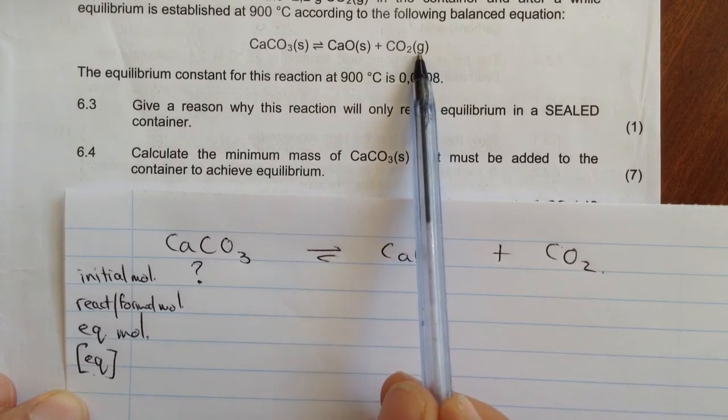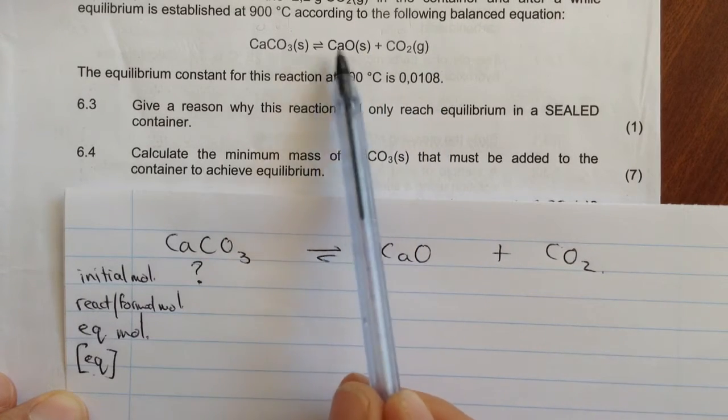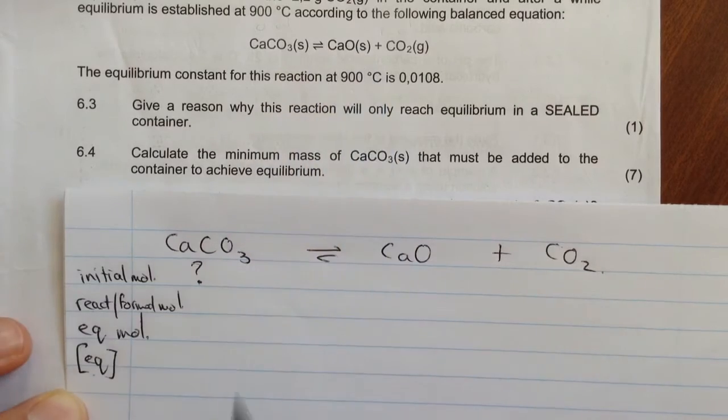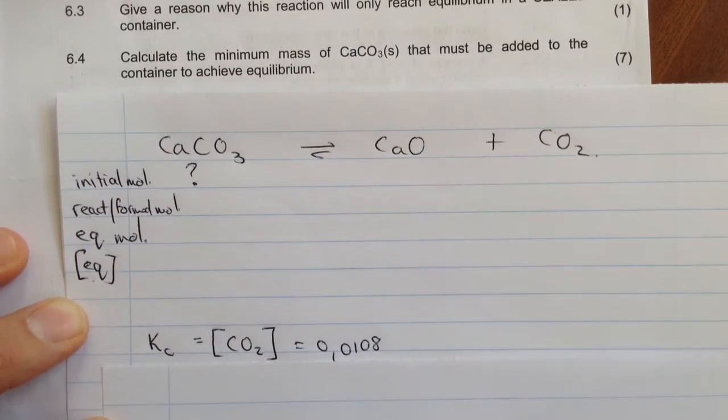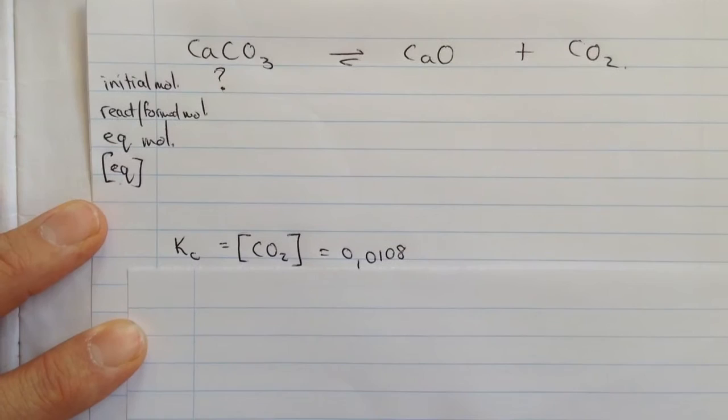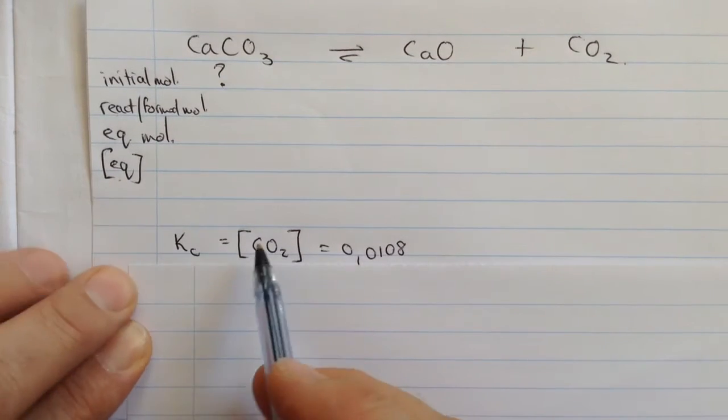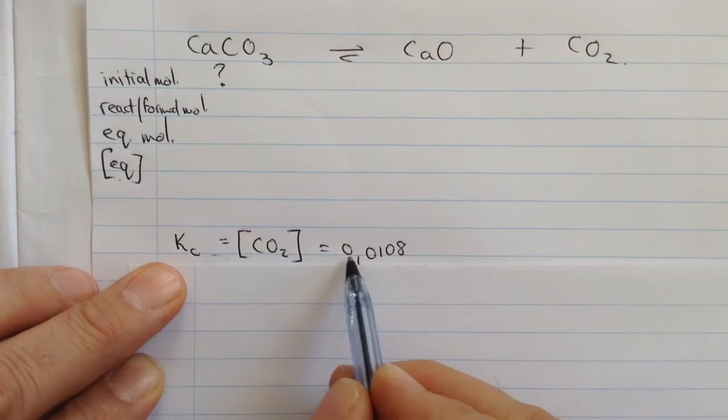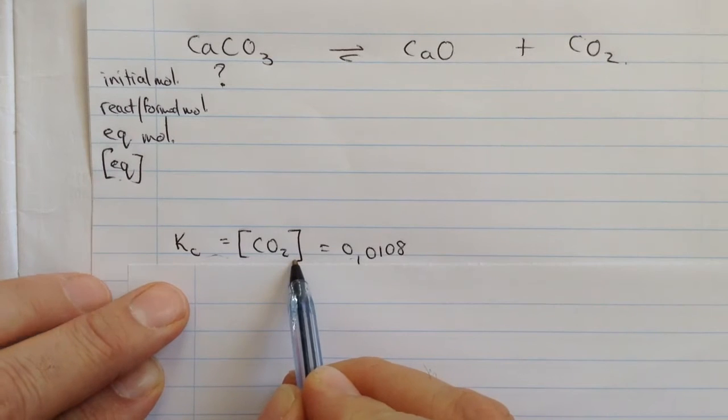Only use gases because the concentration of solids remain constant, so they don't go into the Kc expression. Right? So the given Kc value is then actually the concentration of the CO2 gas.